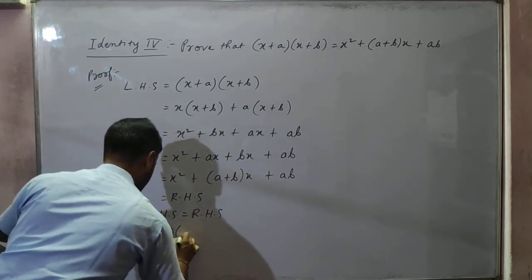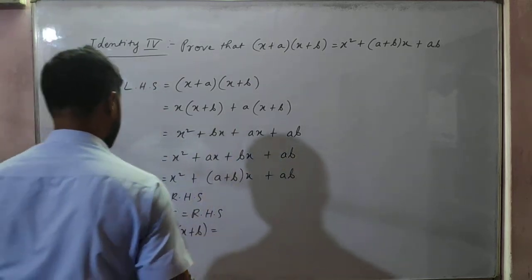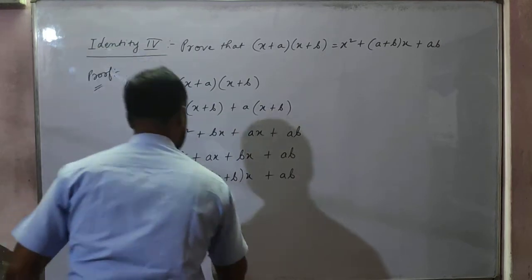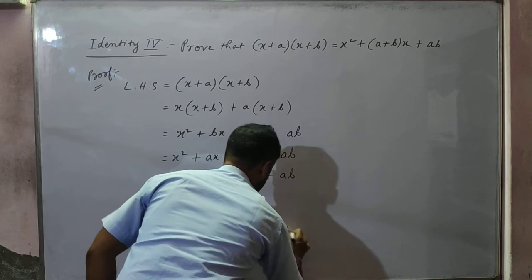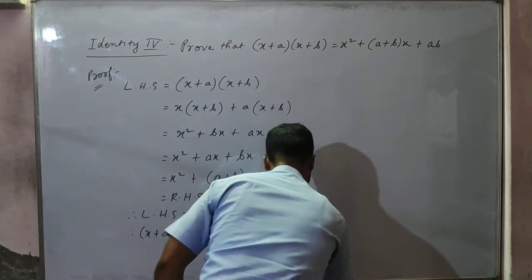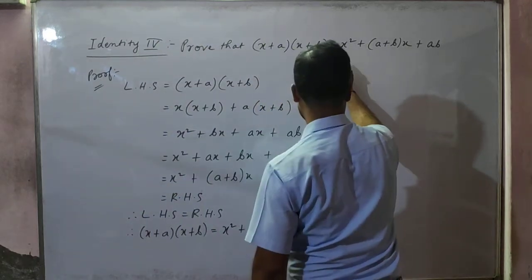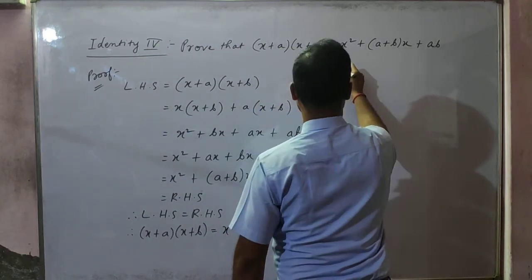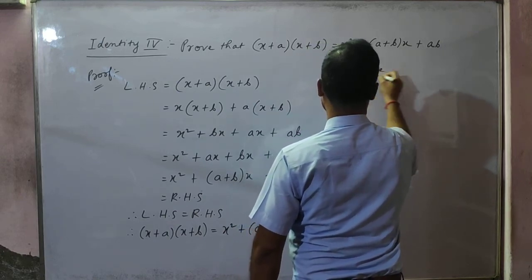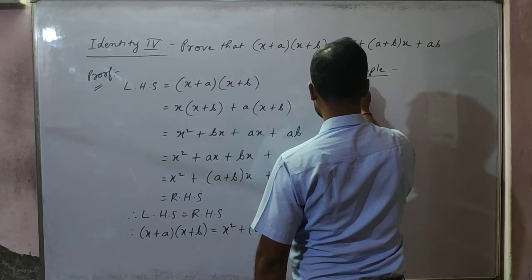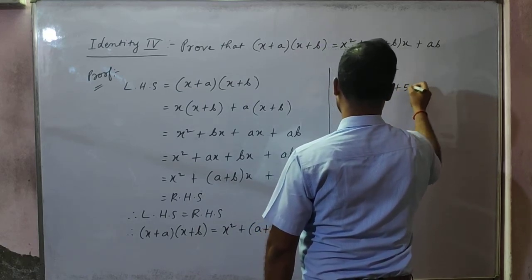Therefore x plus a into x plus b is equal to x square plus a plus b x plus ab. So you can take an example for this also. Suppose x plus 3 into x plus 5.